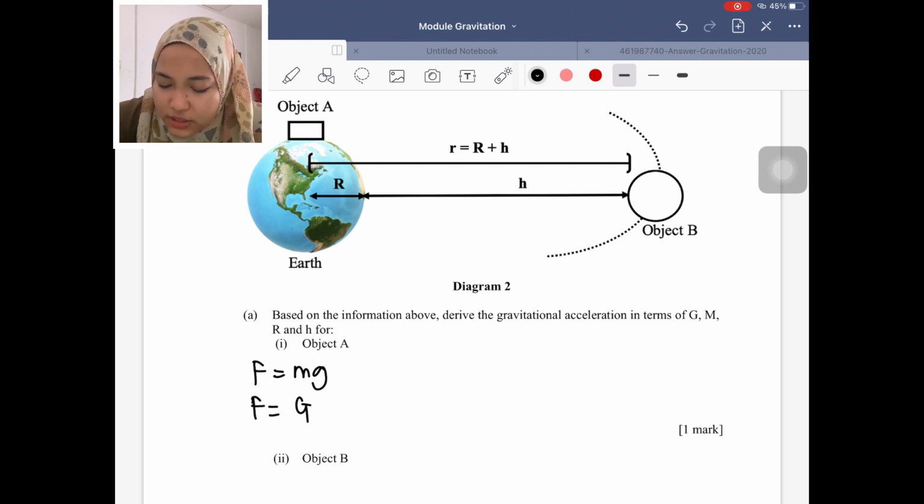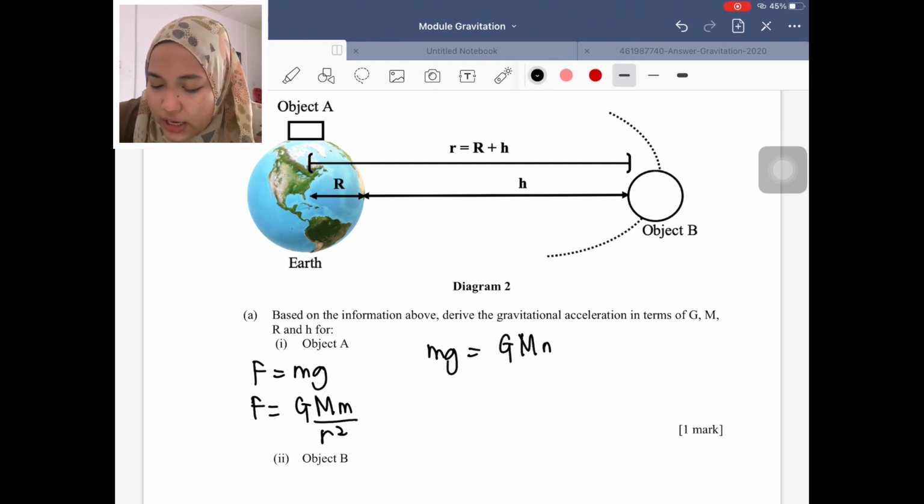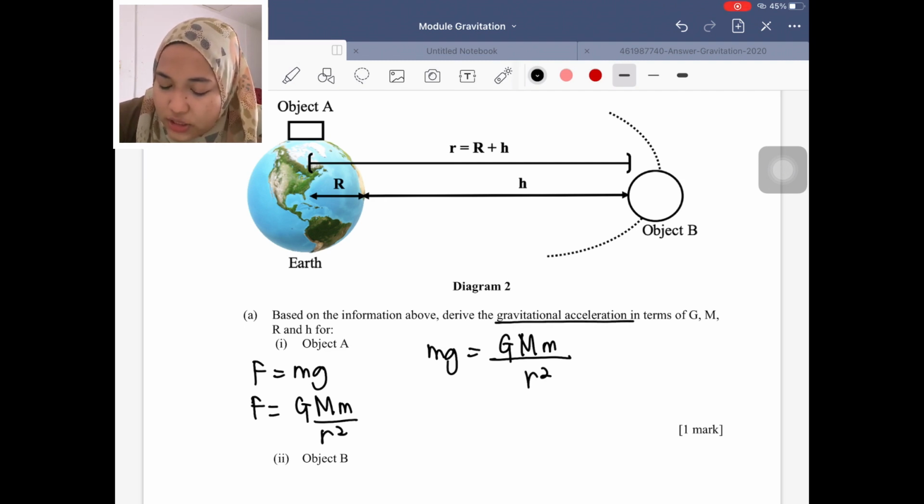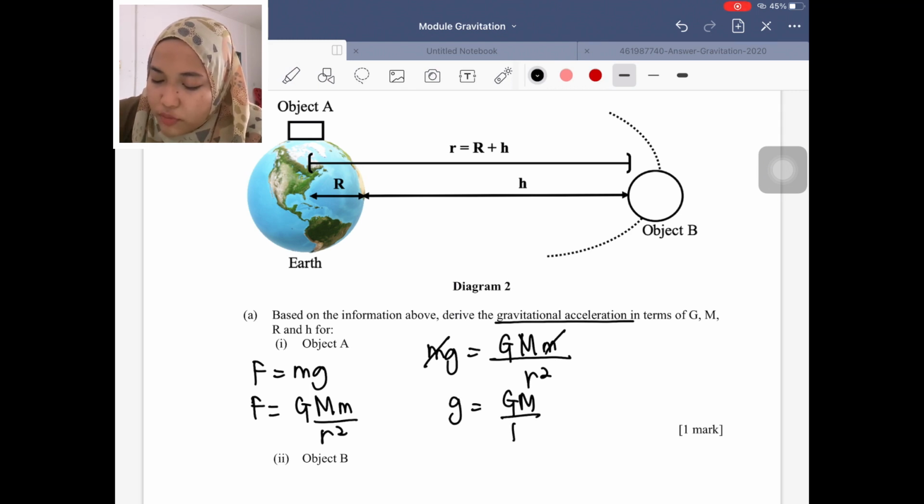So force is G M m over r squared. So when we equate both equations, mg equals G M m over r squared. Sebab sini dia suruh cari g, gravitational acceleration of the object. Okay, so kita potong m kecil, so tinggallah g equals to G M over r squared.